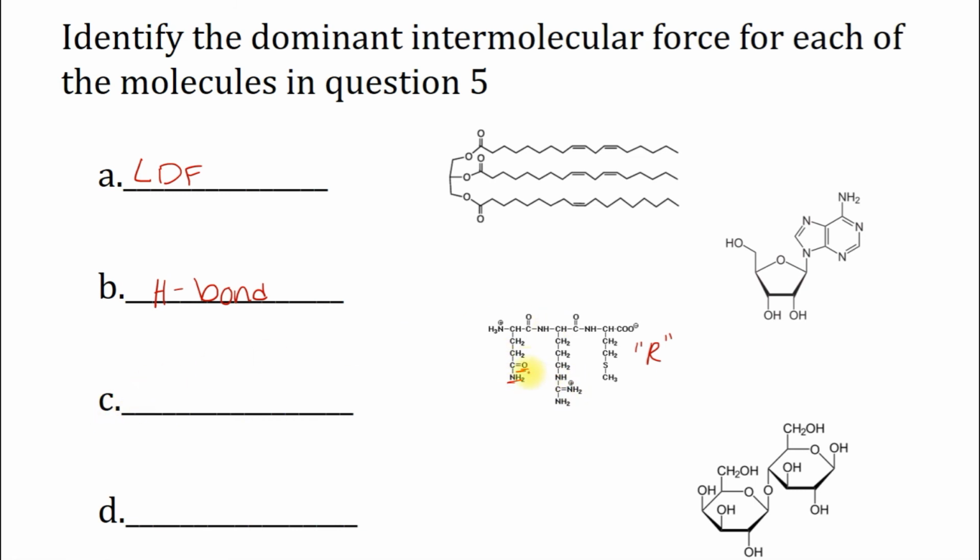We have two different hydrogen bonding sites here, one here, and a dipole, as opposed to one chain that is just LDF. So I'm going to say that hydrogen bonding is the most dominant thing because we have so many of them, three different hydrogen bonding sites. And also it's stronger than the other forces.